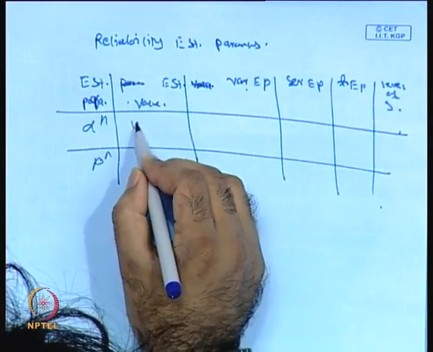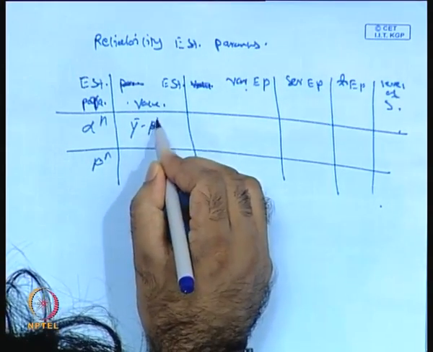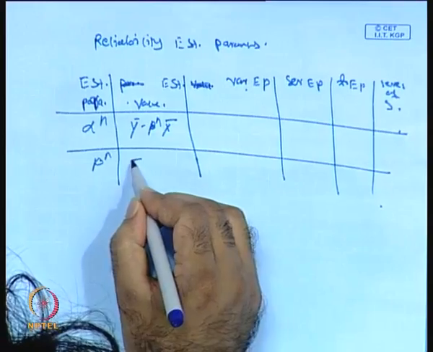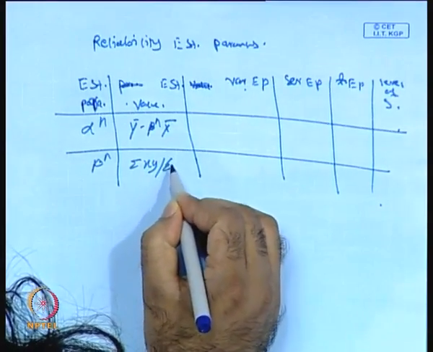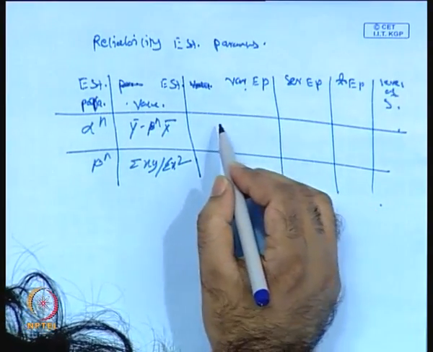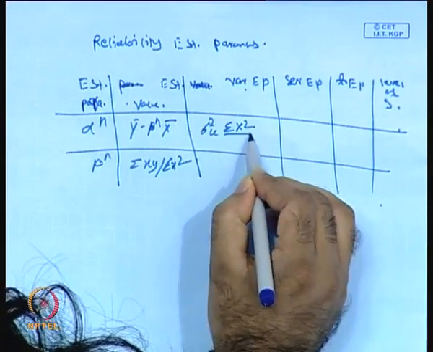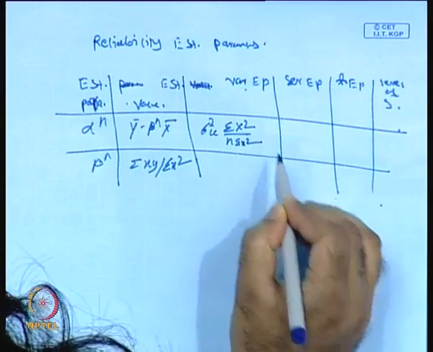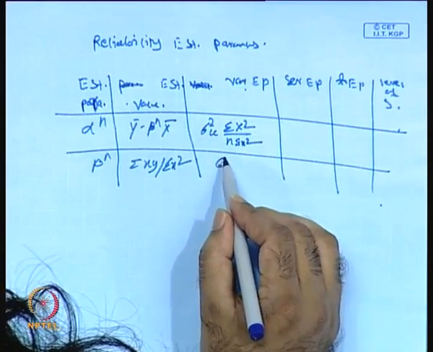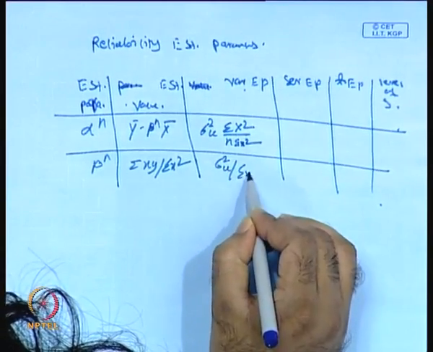The estimated value is y bar minus beta hat x bar for alpha, and summation xy by summation x squares for beta. The variance is sigma square u summation X square by n summation small x square, and sigma square u by summation x squares.